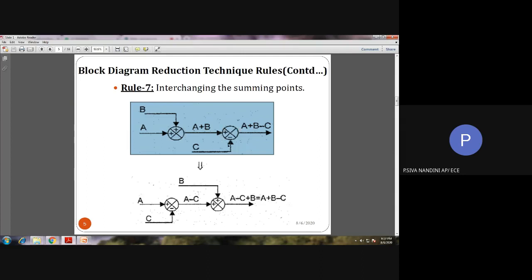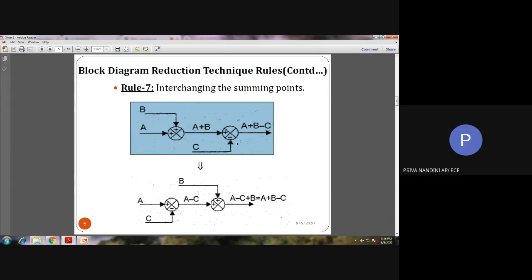At the second summing point, we have another input C. It is fed to the summing point with the negative sign. So we have A plus B minus C, minus C because here we have minus. So the output is A plus B minus C.